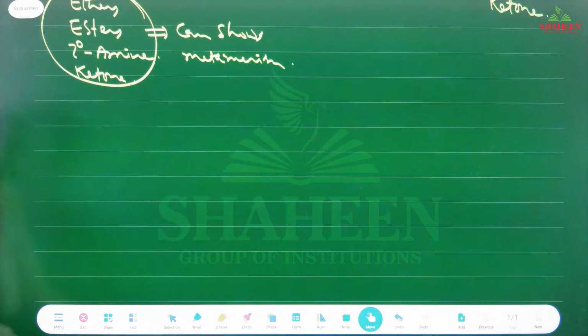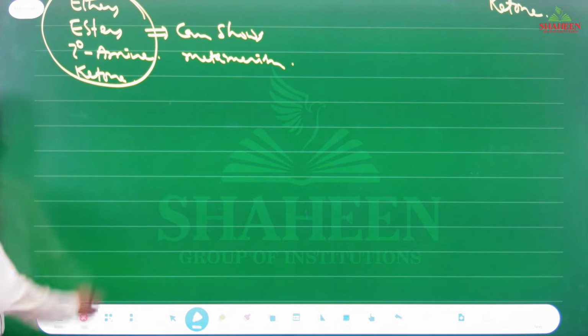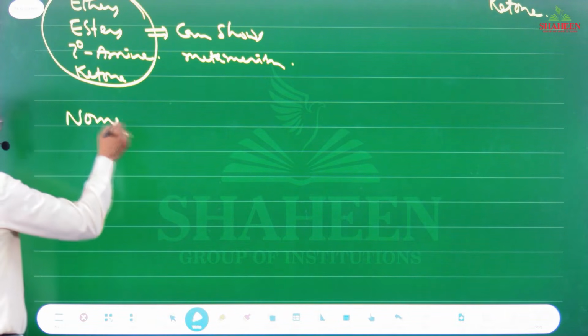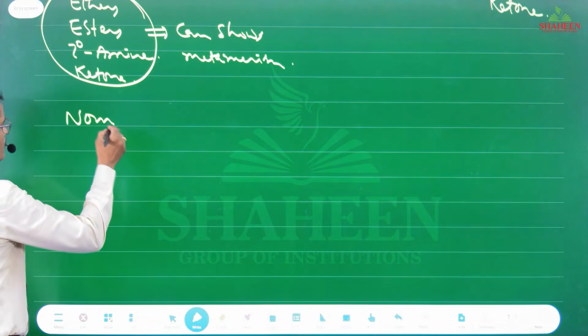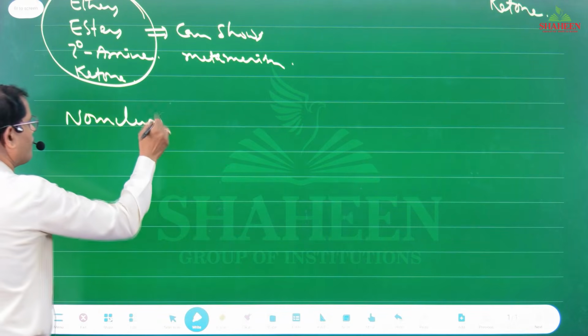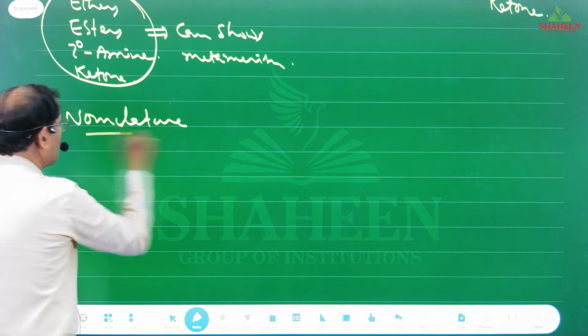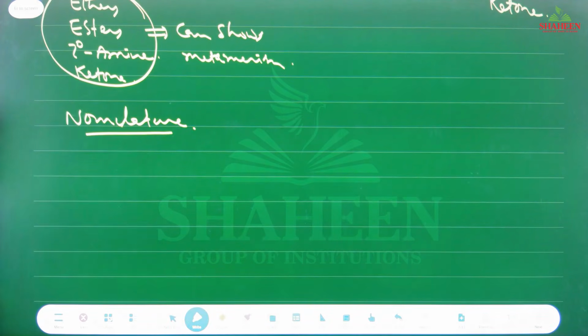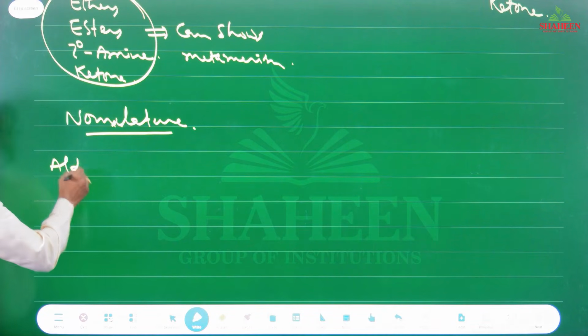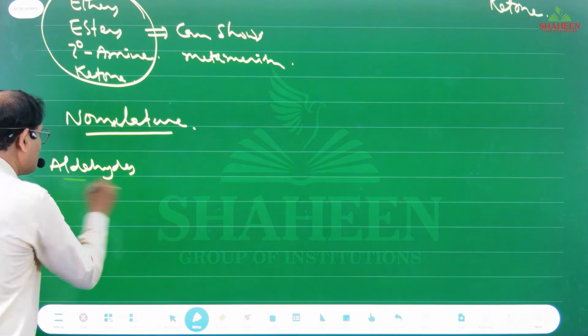And we'll go with nomenclature. First, we go for aldehydes.